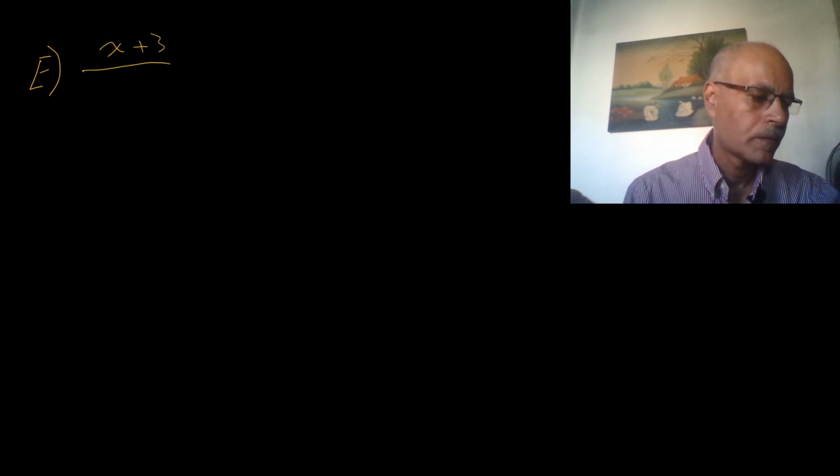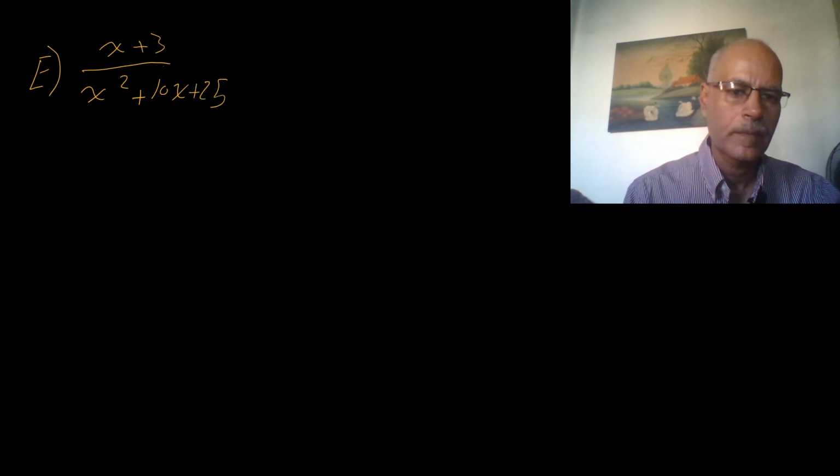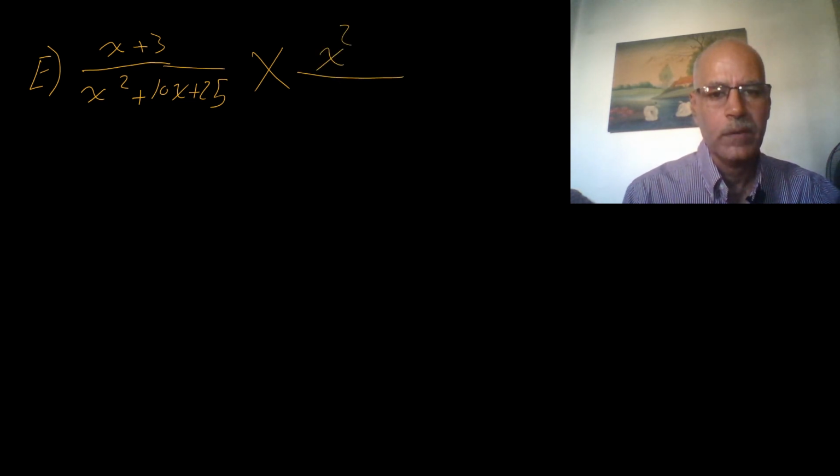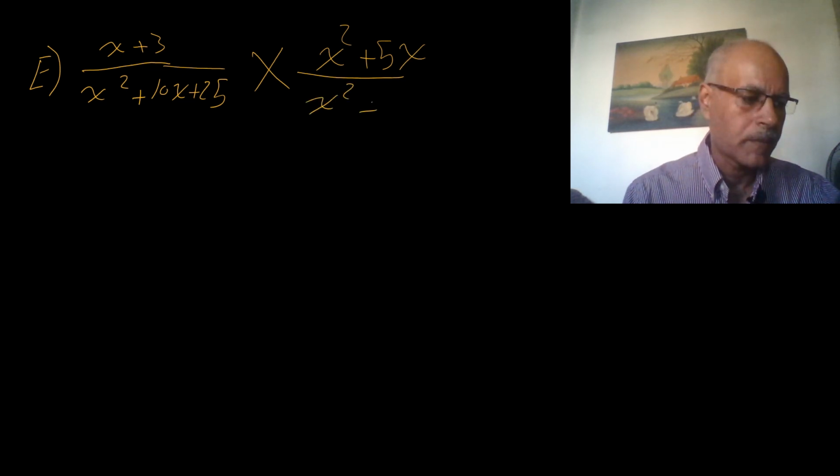Number E. x plus 3 over x squared plus 10x plus 25, times x squared plus 5x over x squared plus 3x.